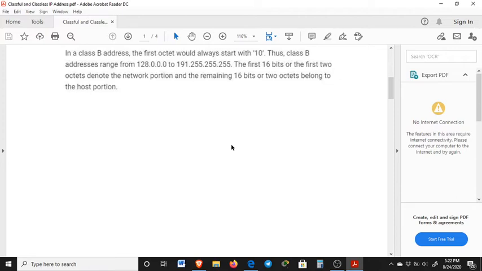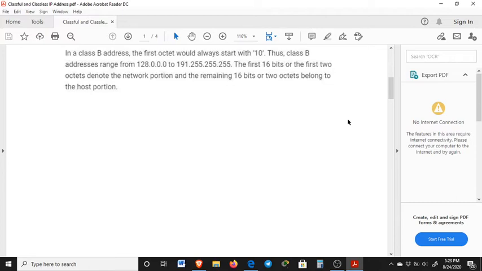So if an IP address is 129, 130, all the way to 191, that is class B. But remember we said class A ends at 126 and class B starts from 128.